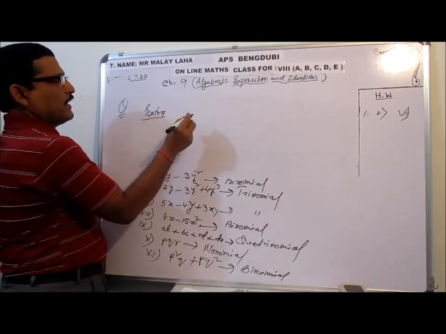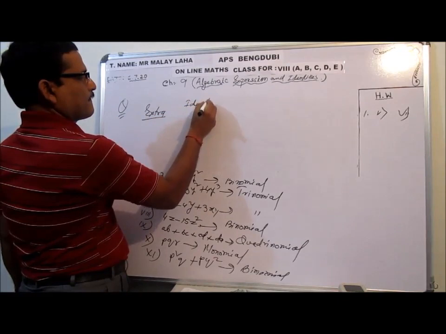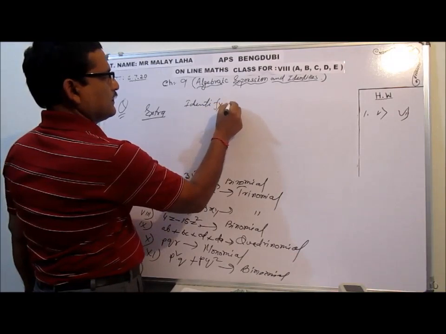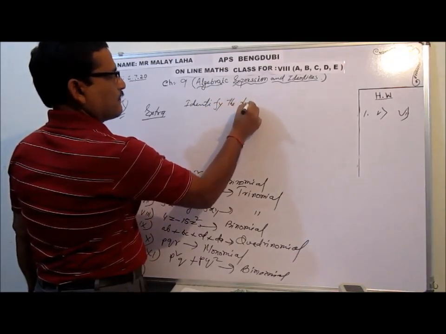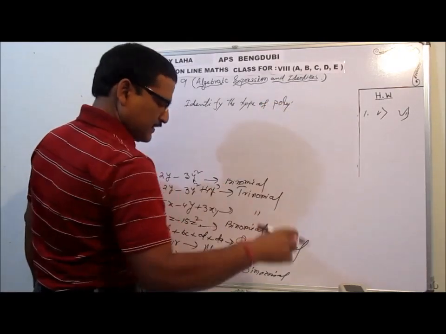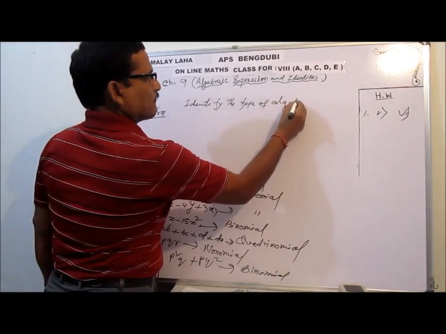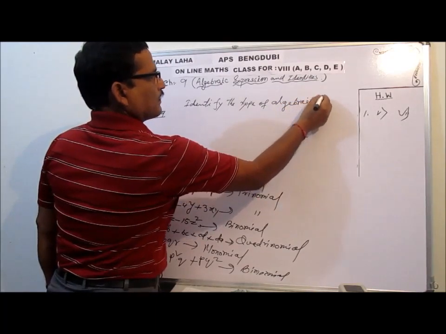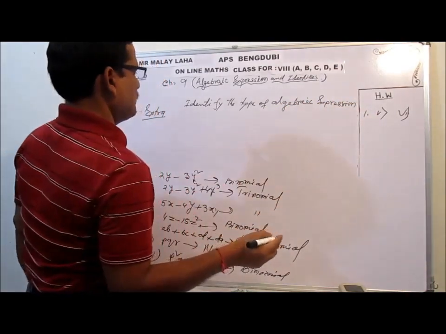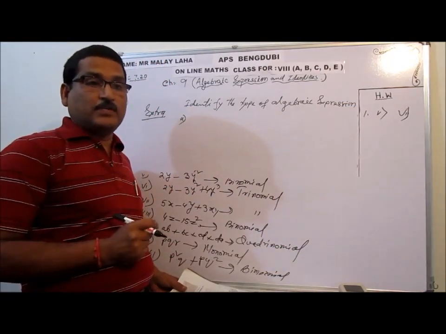Extra. Identify the type of polynomial or algebraic expression. It may be monomial, binomial, trinomial, quadrinomial, but what I said while answering, you are in class 8, not in 6, 7.